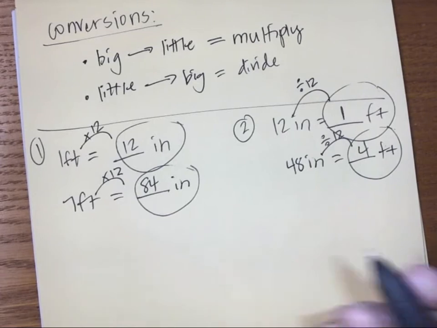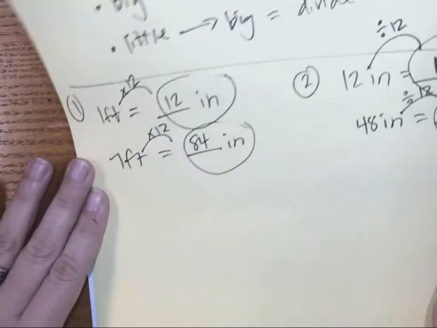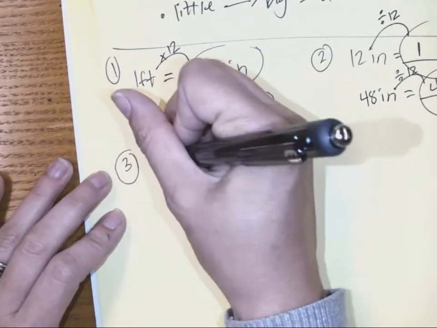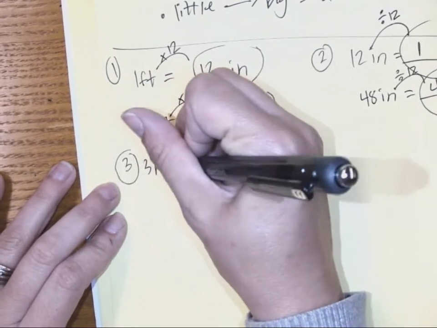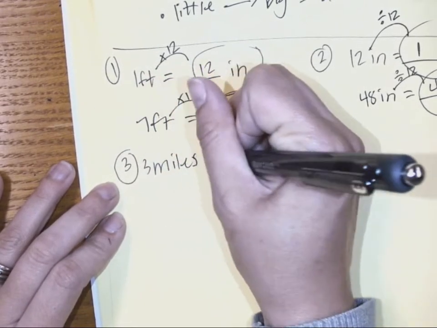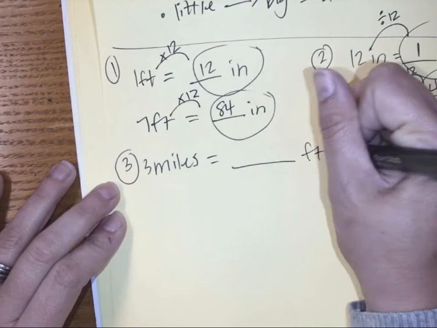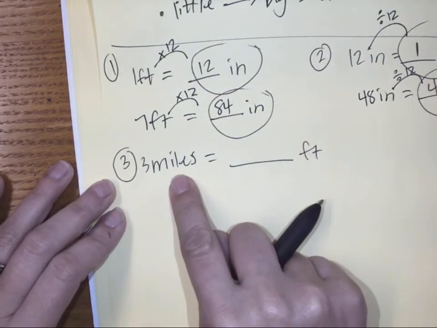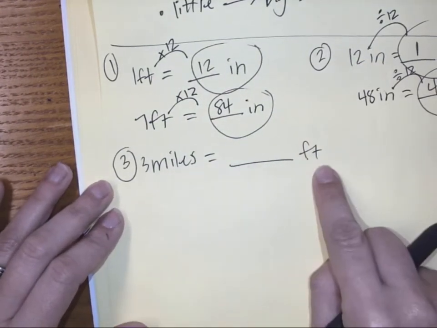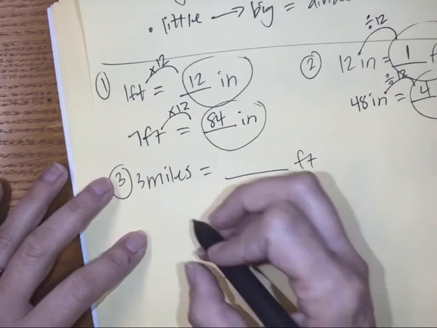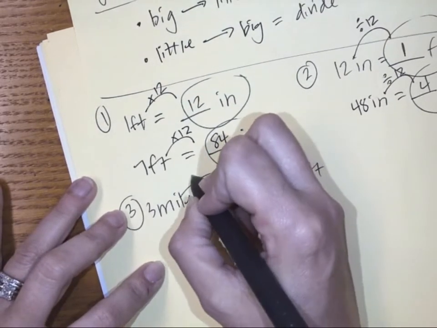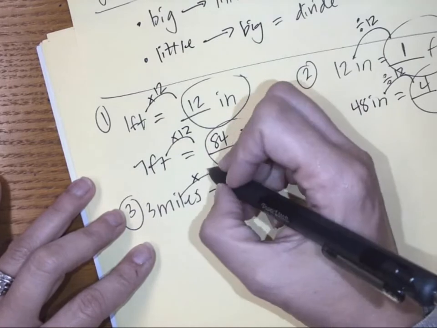Okay, so again, if I was going from, let's say, 3 miles is how many feet? Well, miles is a bigger measurement, feet is a smaller measurement, so I need to multiply by a number. So the number I multiply by is how many feet are in a mile.